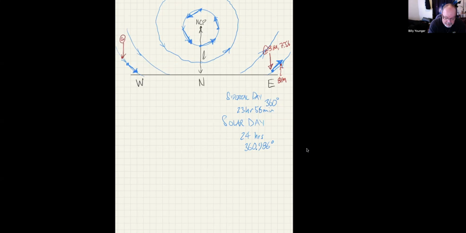Similarly, if you had a star right here at 8 p.m., it would be back at that spot again at 7:56 p.m. And in fact, it will have moved down to, say, here by 8 p.m. the next day.